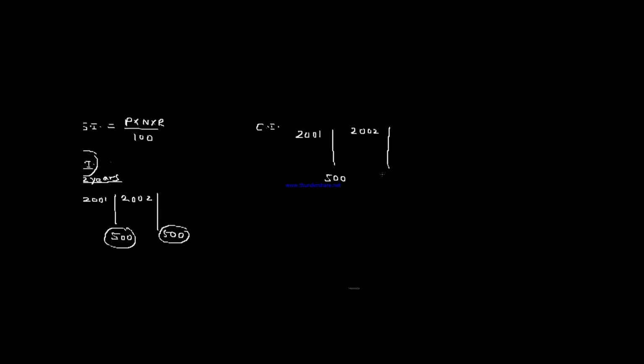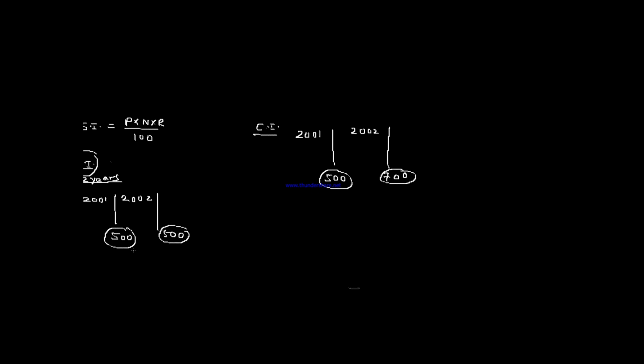I will get some extra, increased amount. Let's suppose 700 rupees. So this is the major difference between SI and CI. In SI, the interest calculated at the end of every year remains the same, but in CI, the interest calculated at the end of every year is different.